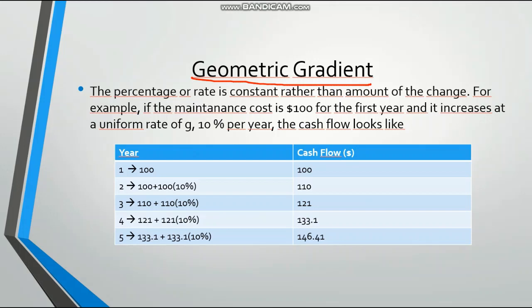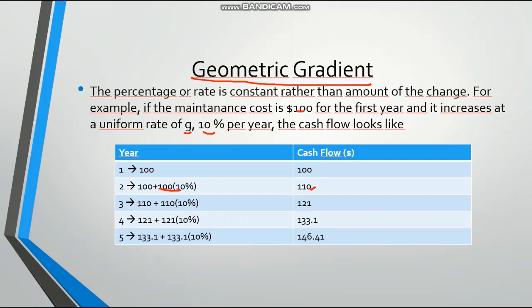For example, if the maintenance cost is $100 for the first year and it increases at a uniform rate g of 10% per year, the cash flow looks like this: the first year 100, the second year 100 plus 10%, which is 110.